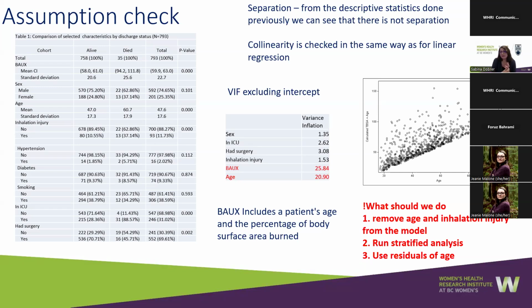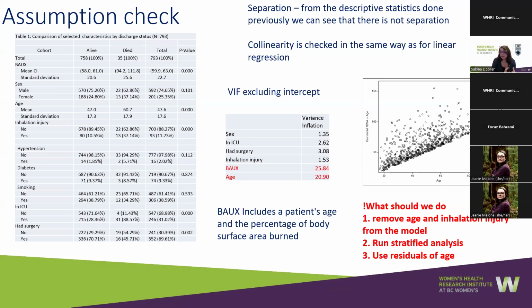I did the same collinearity test as before, excluded the intercept, and nothing is collinear. However, Bow's index, clinically calculated, is basically the calculated area of the burn adjusted to age. So age is part of our Bow's index.